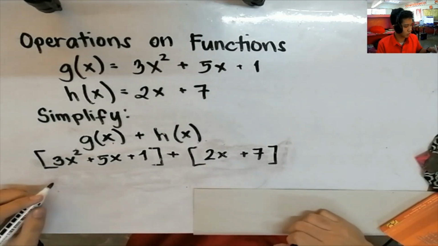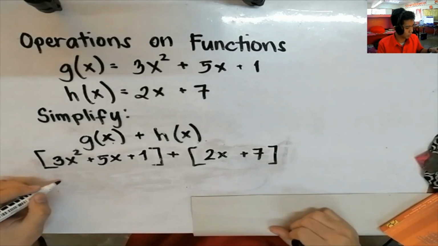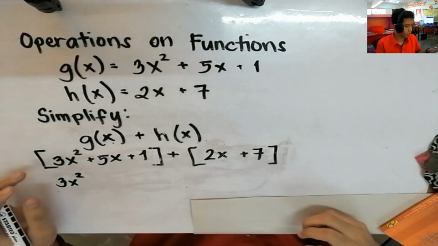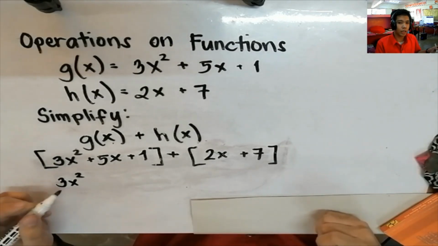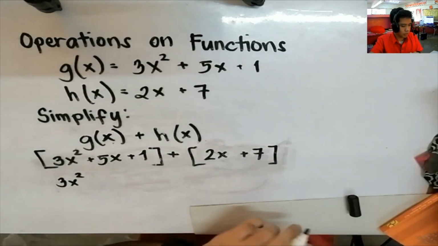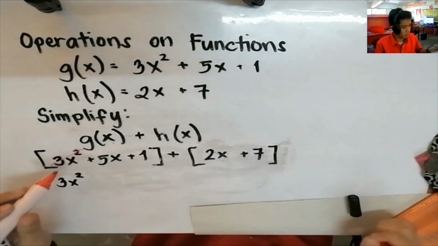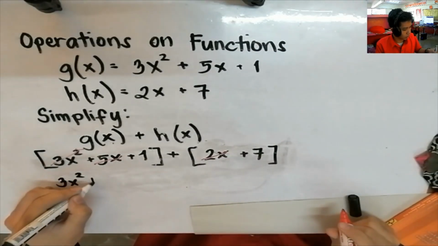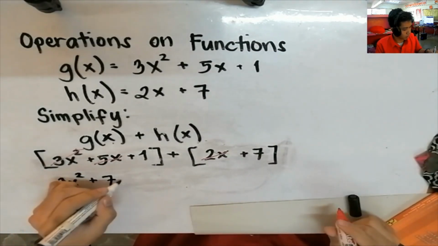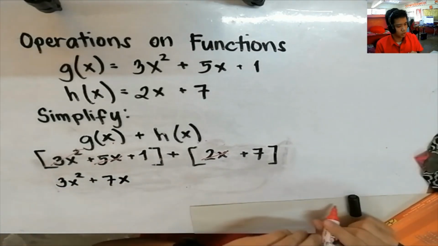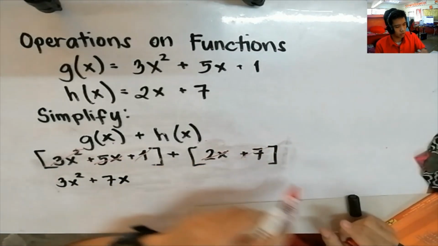Here we can just bring down 3x squared since there is no other similar term. 5x and 2x are similar terms, so we can combine them to 7x, then 1 plus 7.